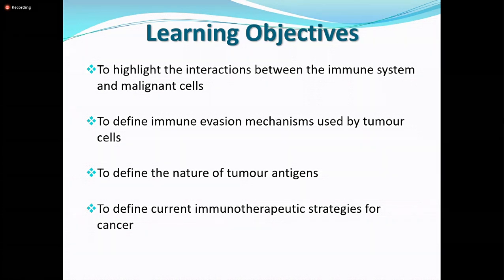And then after that, I'll talk about the nature of these antigens expressed on tumor cells that make them immunogenic. But the problem here is that because these are tumor cells, they are very similar to normal host cells. And so this is what the immune system has a problem of discriminating between what is a tumor cell and what is a normal self-antigen.